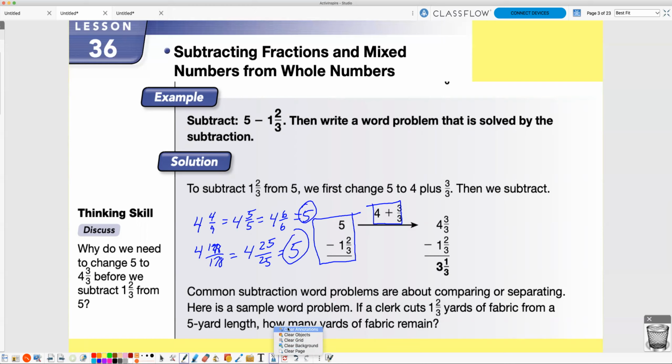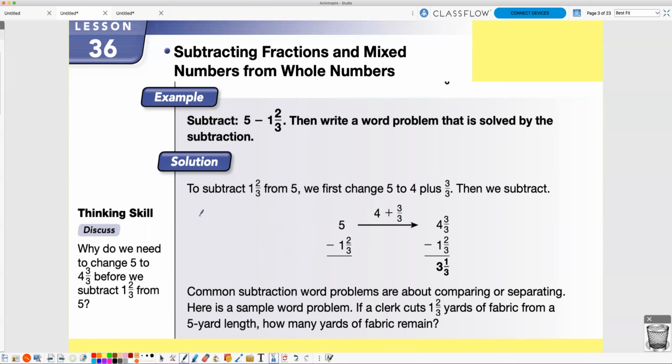Let me just get rid of that so it's not so confusing. But the value of this 5 has to remain the same, and it does if we keep this as 1 plus 4. And we're doing that by having the same numerator as the denominator. The reason why we chose 3 is because we are subtracting a mixed number that has a denominator of 3.